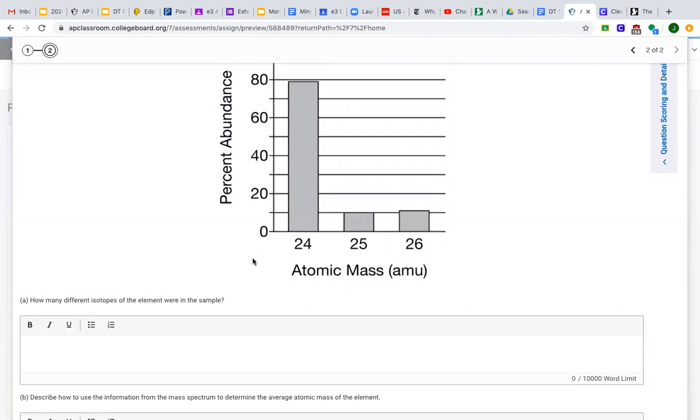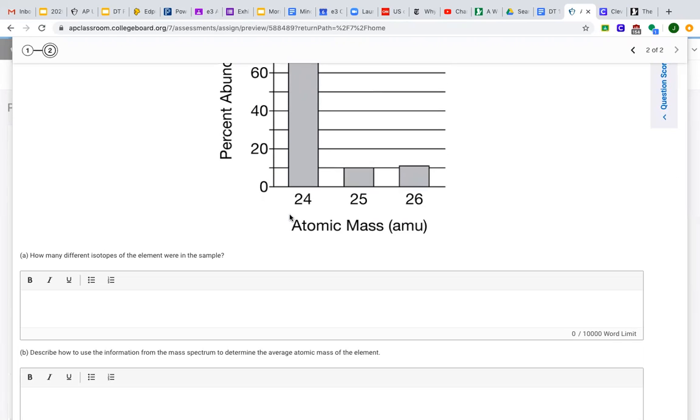Well, it's mostly going for 24, but it's going to be a bit smaller, right? Since you also have 25 and 26. Yeah, so what I would do in this case is I would do 24 times 0.79 plus 25 times 0.10 plus 26 times 0.11, right? And I would write that calculation out and just put it down.